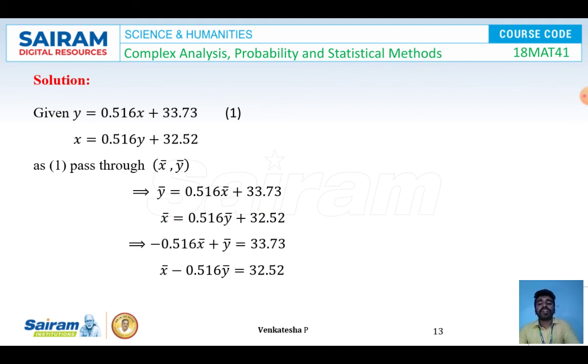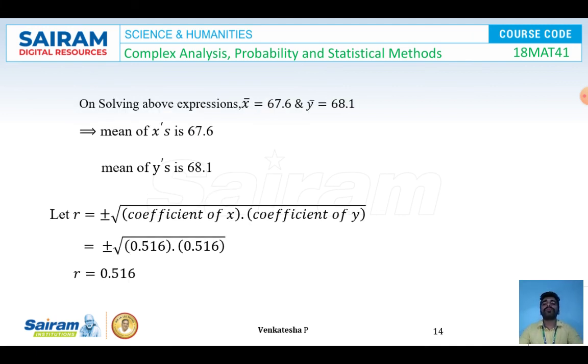Just shifting terms to the LHS, I got minus 0.516 x bar plus y bar is equal to 33.73, and x bar minus 0.516 y bar is equal to 32.52. Now solving these two equations, I got x bar is equal to 67.6 and y bar is equal to 68.1. Hence I can say that the mean of x is 67.6 and the mean of y is 68.1.